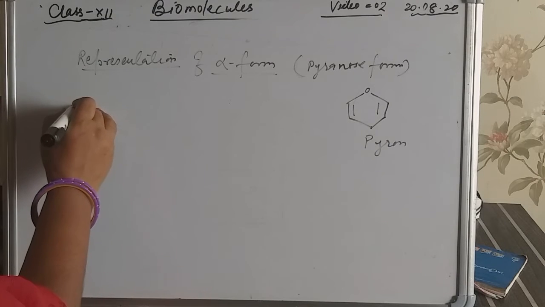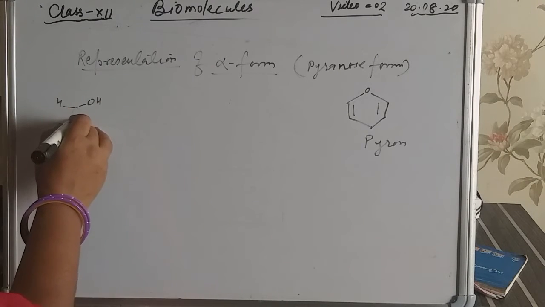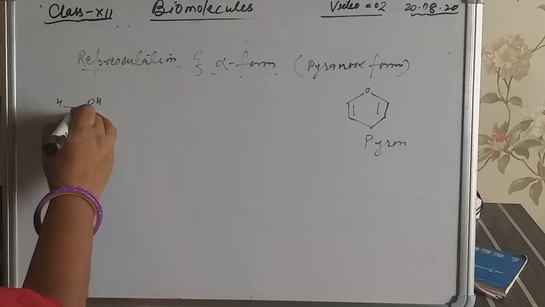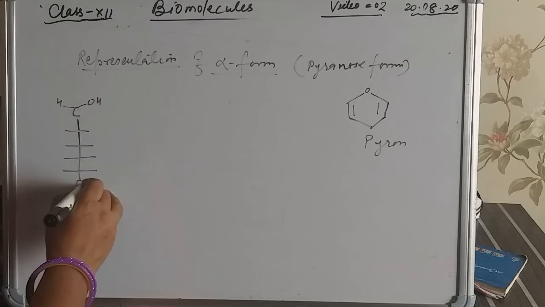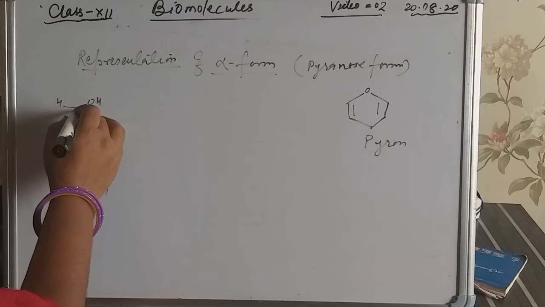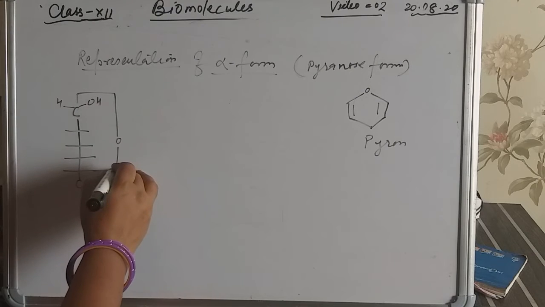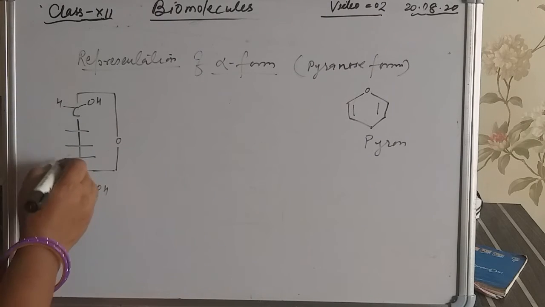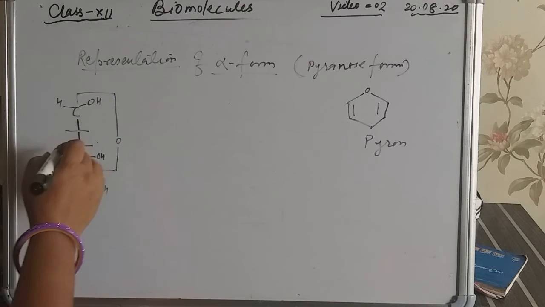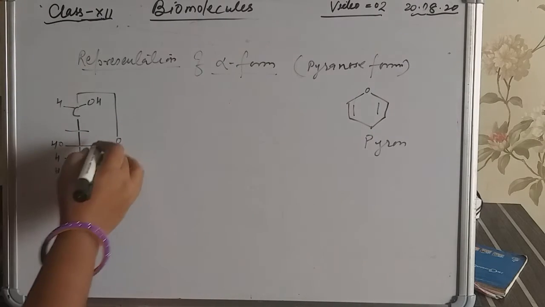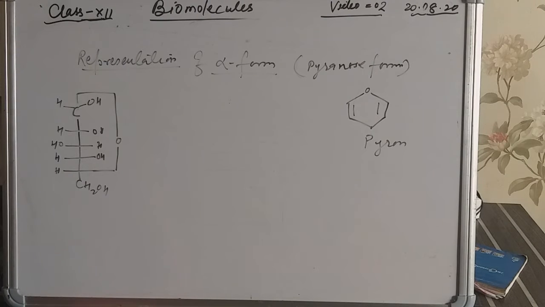At first we draw the structure of alpha D glucose. CHO, H, OH on carbon number 1, then 2, 3, 4, 5 and 6, and the bond forms between carbon 1 and carbon 5 through O. Here is the H, here is also H, here is the OH, and at the third position OH is always on the left side, then H, OH and H. In this way you can arrange the structure of glucose.